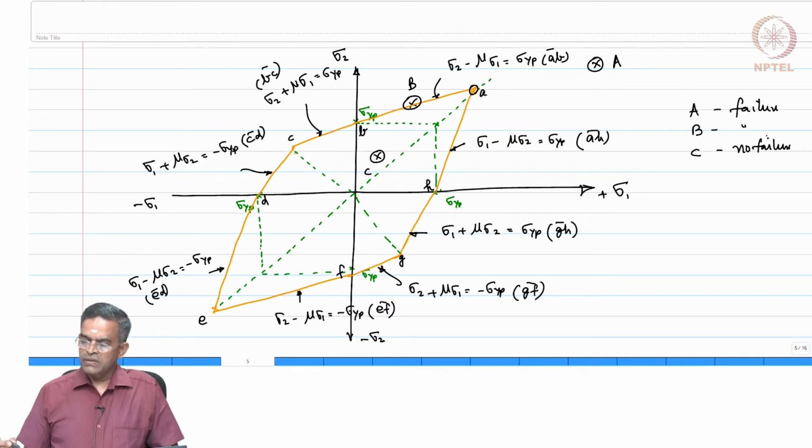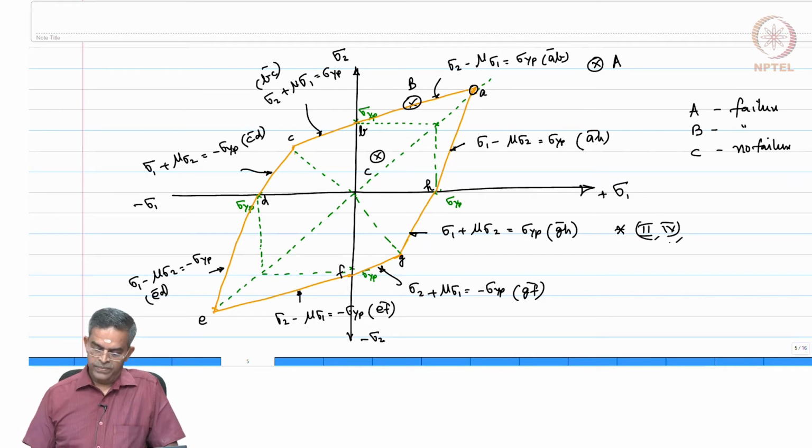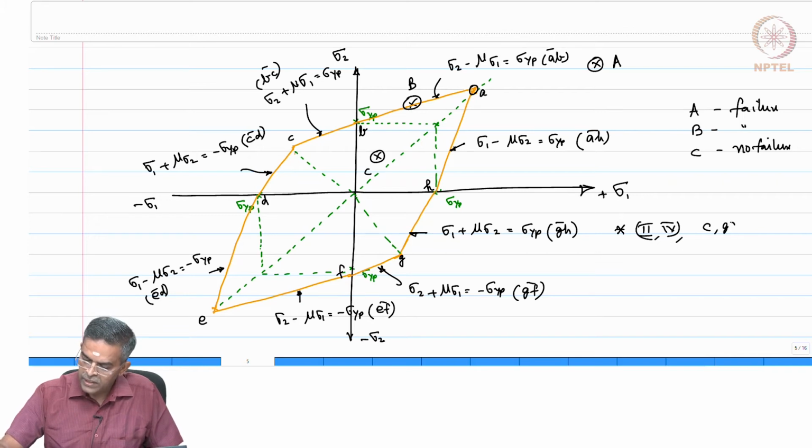So, we can write a very interesting piece of information here. In the second and fourth quadrants, the values at C and G are lesser than sigma yp.